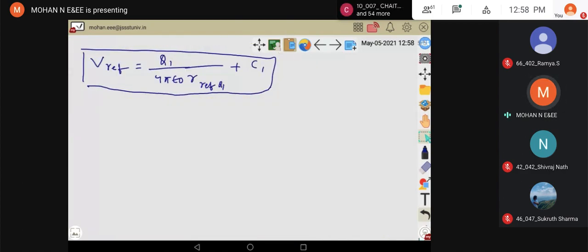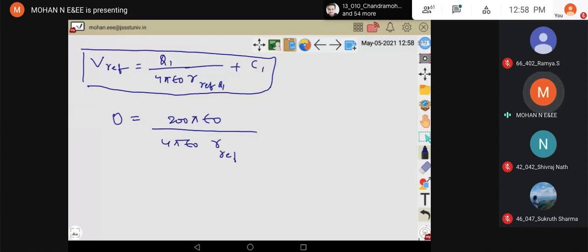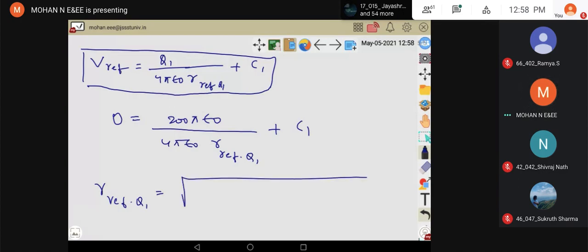Yes. So V reference is 0. Q1 we know as 200 pi epsilon naught, 4 pi epsilon naught, and R is the distance between the reference point and Q1, plus C1. R from the reference point to Q1 is square root of 0 minus 3 square plus 0 minus minus 1 square plus 1 minus 2 square.